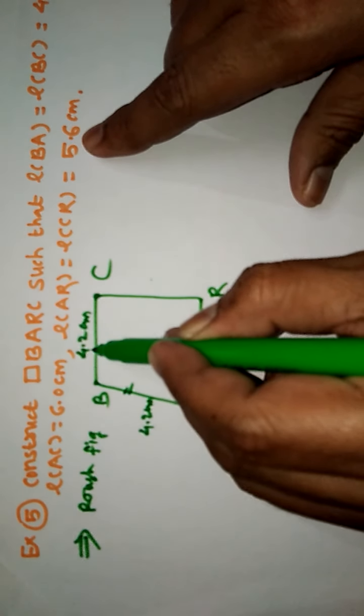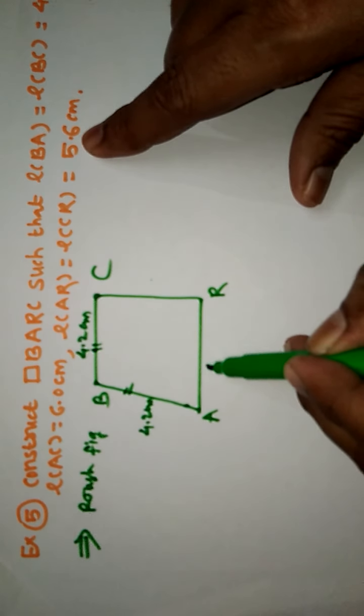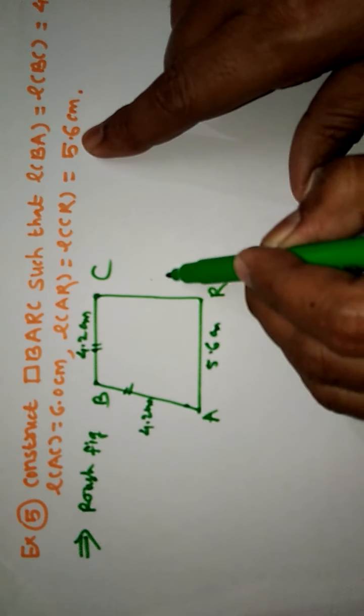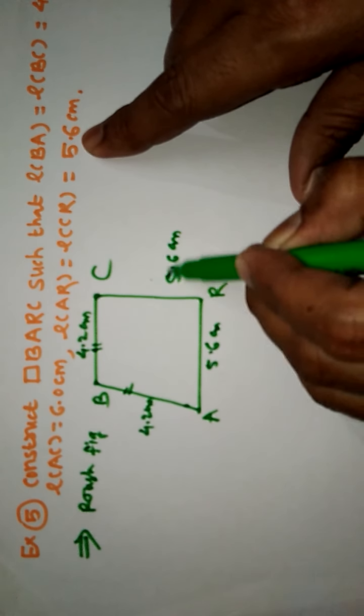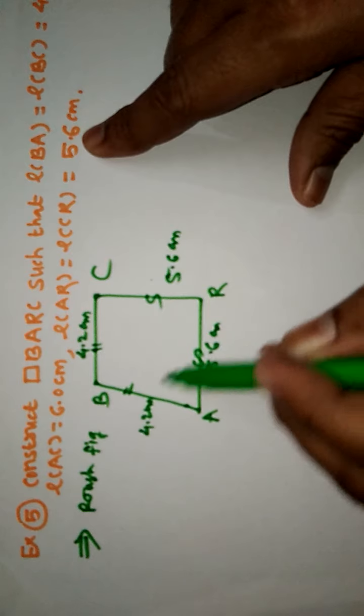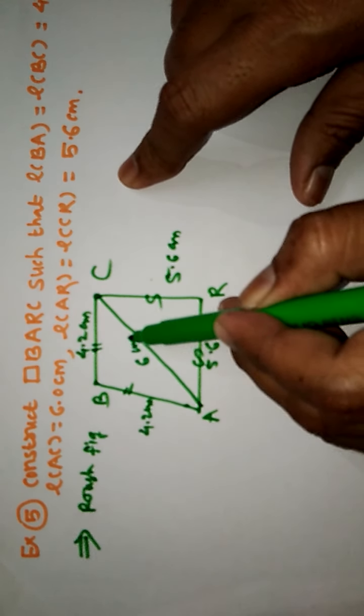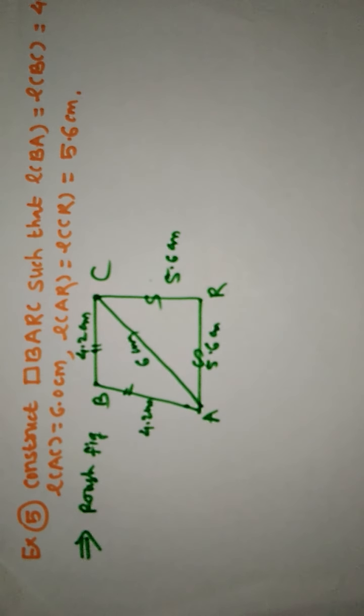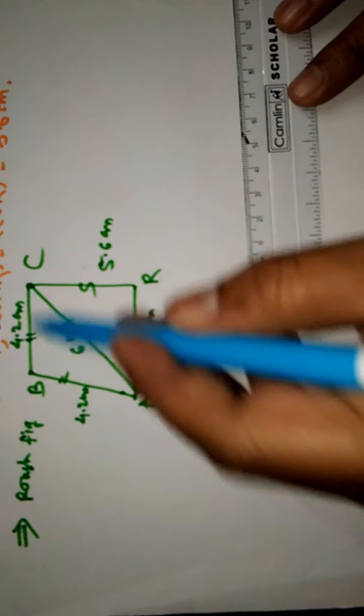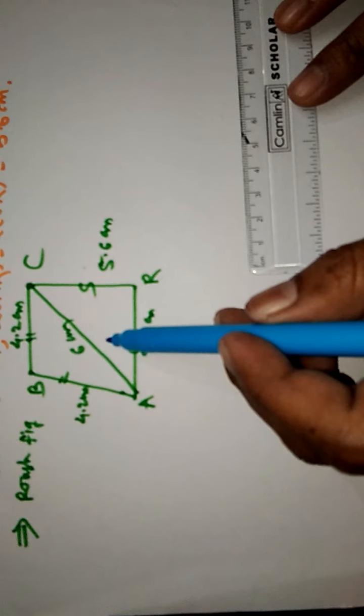AR is 5.6 cm, CR is 5.6 cm. These are congruent. And AC, one diagonal, is given as 6 cm. Then how can we construct this quadrilateral? Remember the construction of a quadrilateral when 4 sides and 1 diagonal are given.